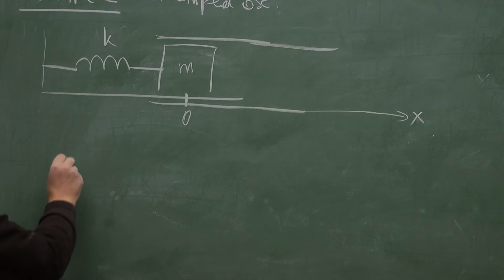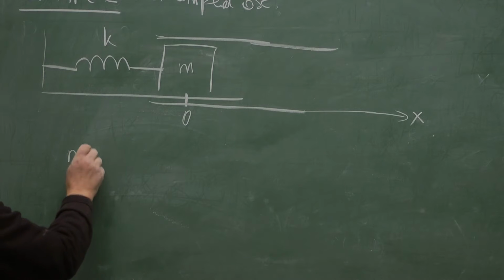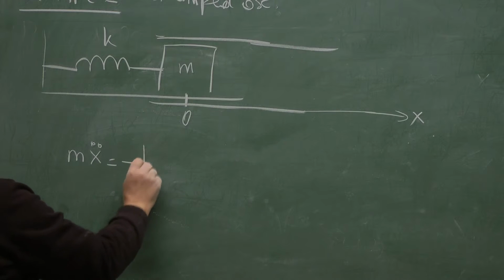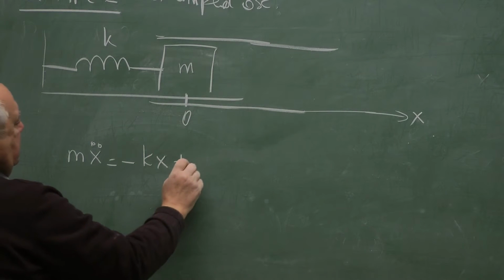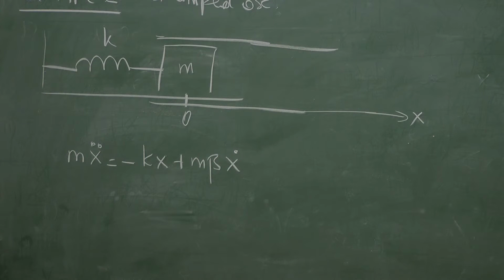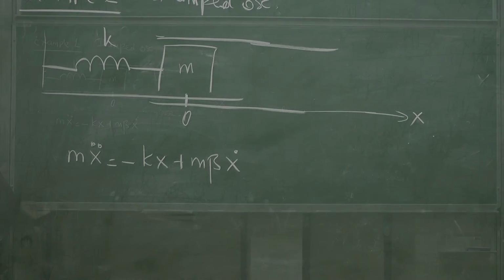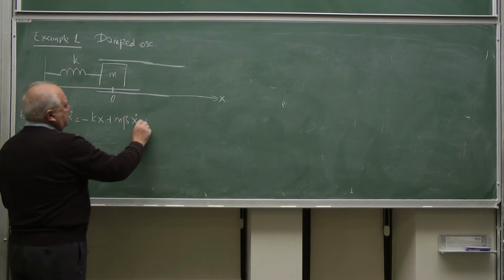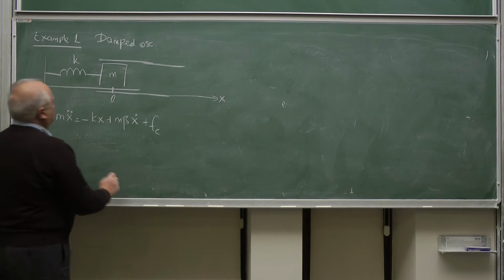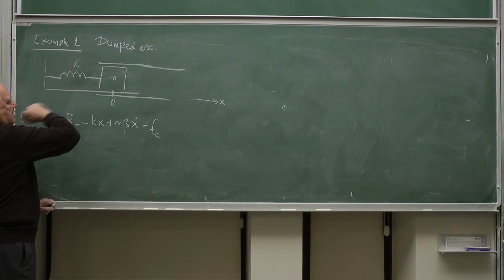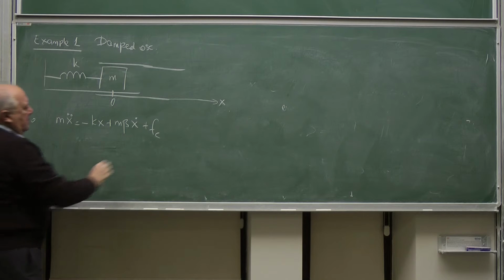and its equation is m x double dot equals minus kx plus m beta x dot, but x is 0, x dot is 0, x double dot is 0. So at time t equals 0, a collision force, you apply to it an impulsive force.